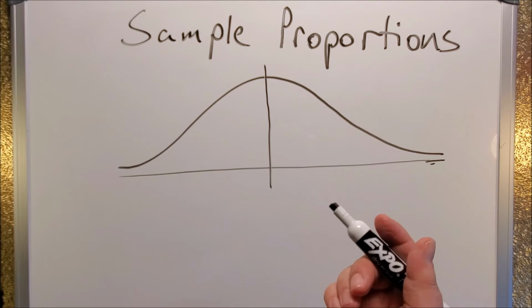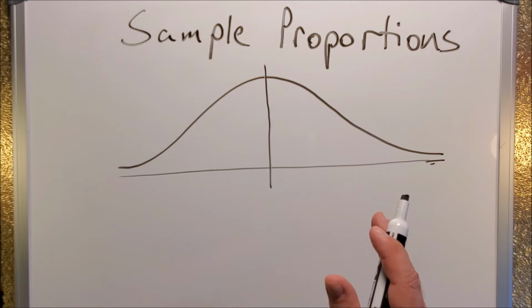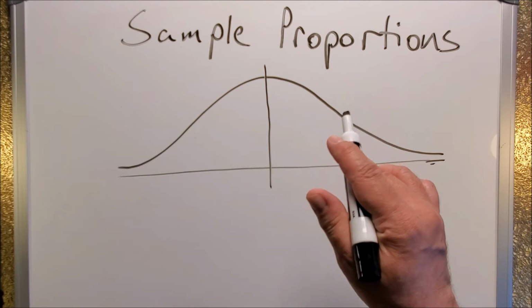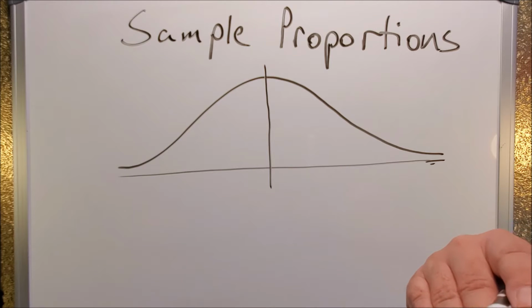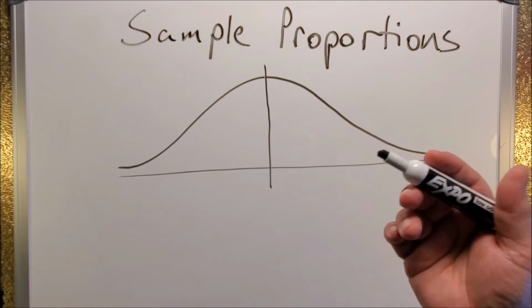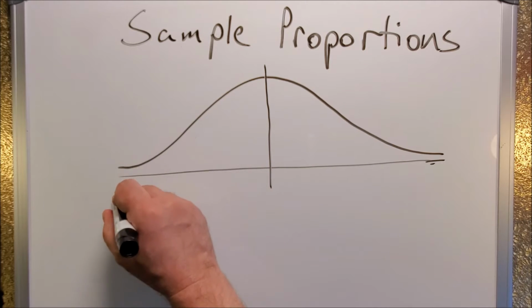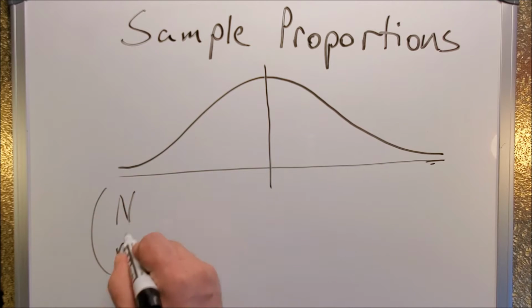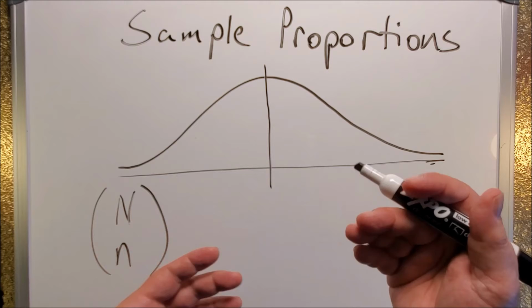Again, let's imagine taking every possible sample from a population. And just like we did with the sampling distribution of sample means, we have to imagine a lot. In general, for a given sample size of lowercase n and a population size of uppercase N, you're talking about big N choose little n different samples.